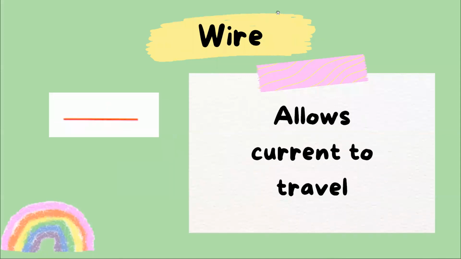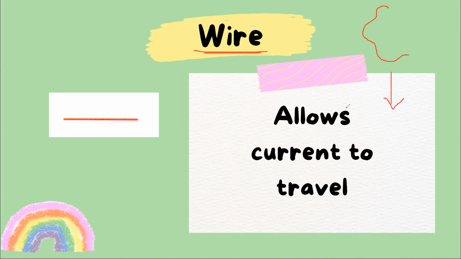Okay, let's go. The second one would be a very simple one, which is the wire. Don't forget, I remind you, in real life, wires are curvy. But in drawings, we're supposed to draw a straight line.